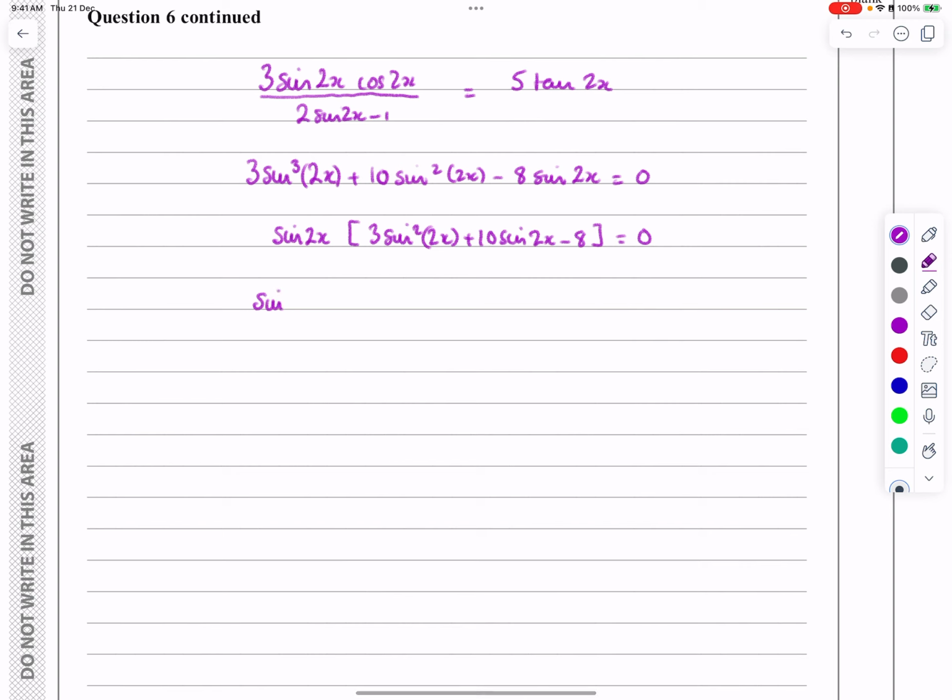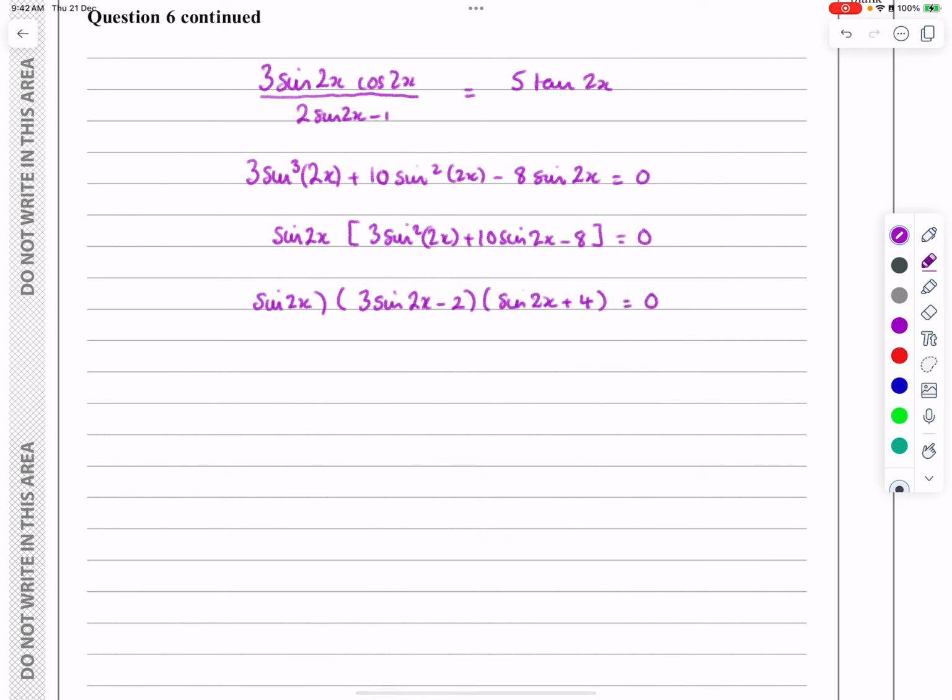So I think I've got sine 2x and then factorising that bit. If you needed to go away and do it slightly simpler using a u or a y to make the factorising easier for you to understand, then by all means go ahead and do that. If you can't factorise a quadratic where the number here is bigger than 1, go and have a look on my channel. There's quite a bit of description of how to do that sort of factorisation.